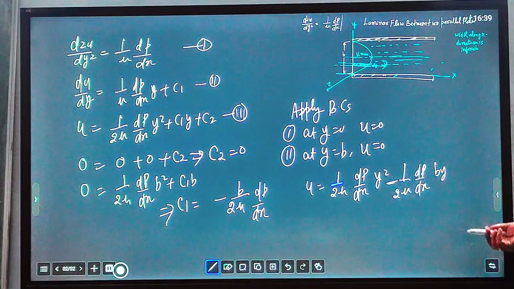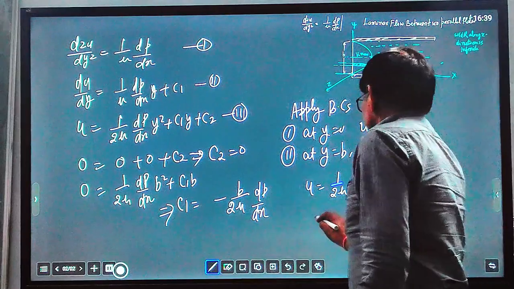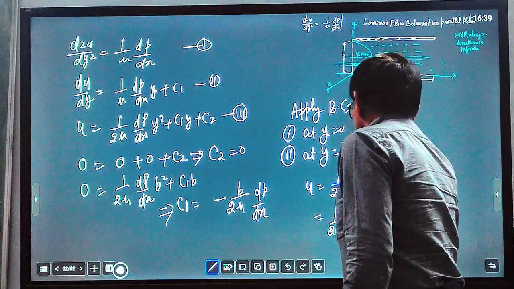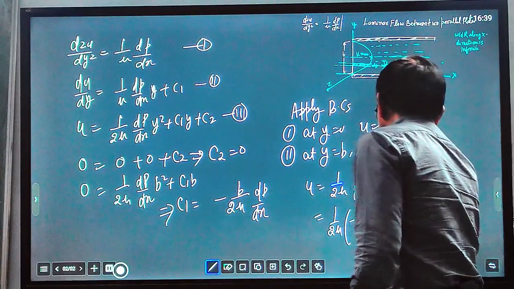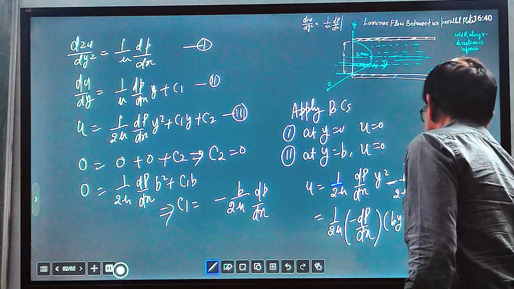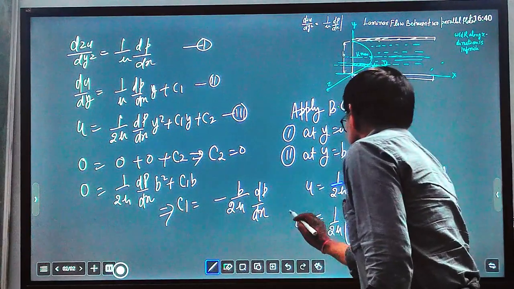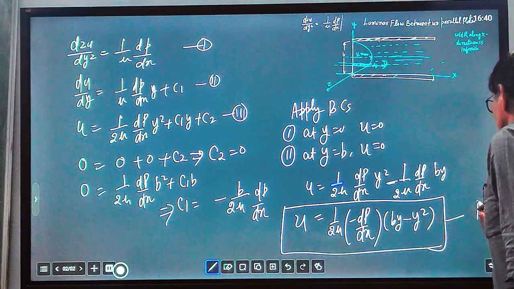Taking common 1 upon 2 mu and minus dp by dx, we get 1 upon 2 mu, minus dp by dx, into by minus y square. This is the general equation of velocity distribution. This is equation number 4.